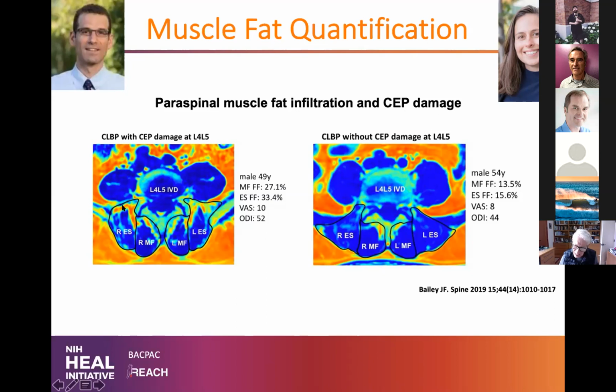You can see clearly that there's quite a bit of fatty infiltration in the spinal muscles, the more orange and green areas. Whereas the patient with chronic low back pain who did not have end plate damage had very little fatty infiltration in the muscle.